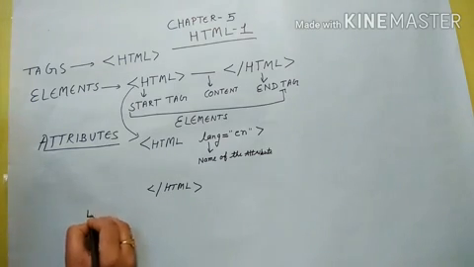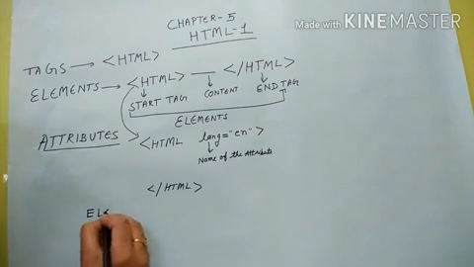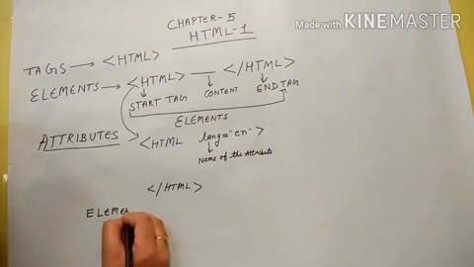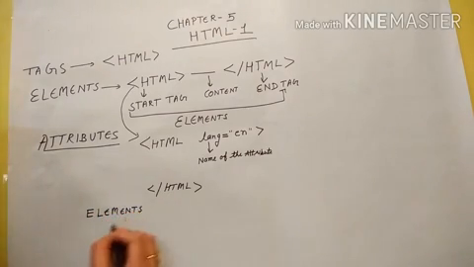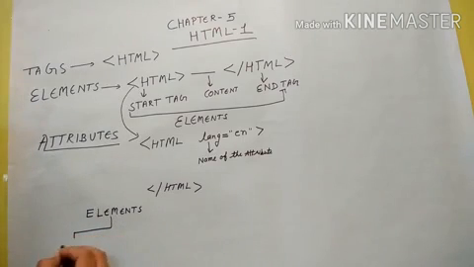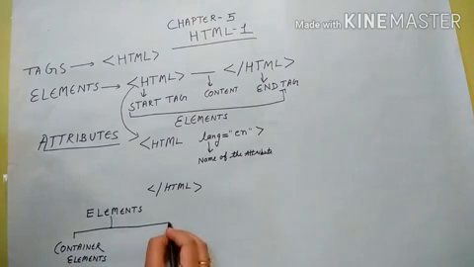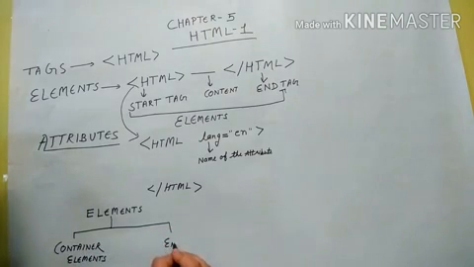So, I'm writing here elements. Basically, there are two types of elements. First is container elements. And second is empty elements.